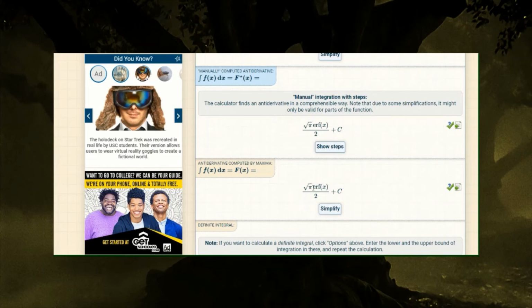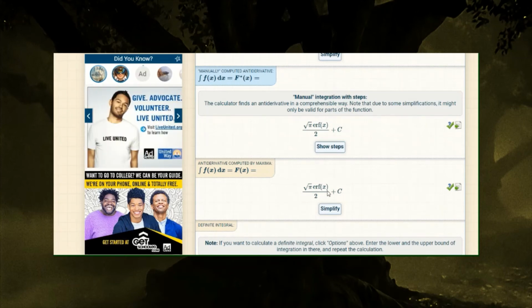Now, the erf, this is an abbreviation of the error function. And the error function is what we call a non-elementary antiderivative. If you'd like to know more about that, I'll put a link in the description for the video if you want to find out more about the error function. But it is based on the integral of e to the minus x squared.